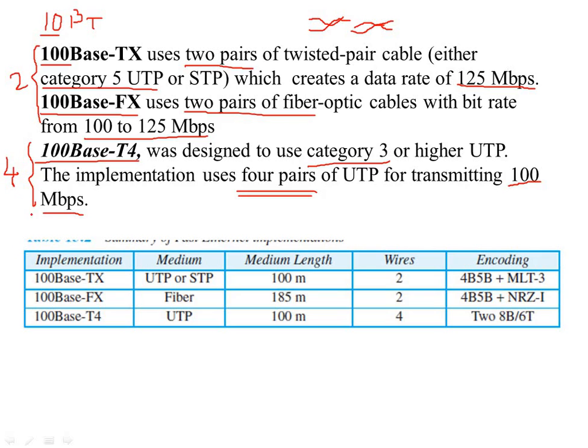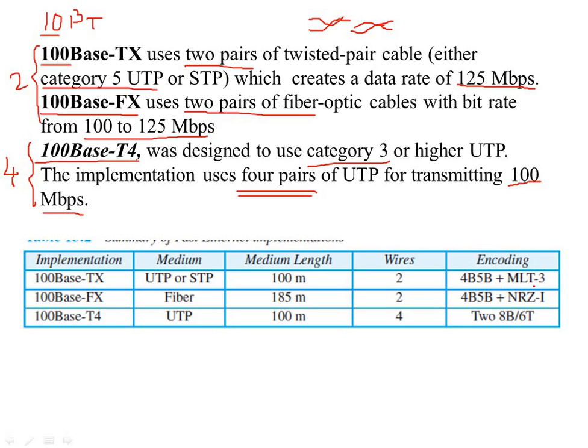So this can be summarized in a table like this. The implementation is 100 base TX. You will be using a UTP cable, the maximum length is 100 meters, 2 wires you will be utilizing, and there are certain encoding techniques utilized for the transmission of the frames.